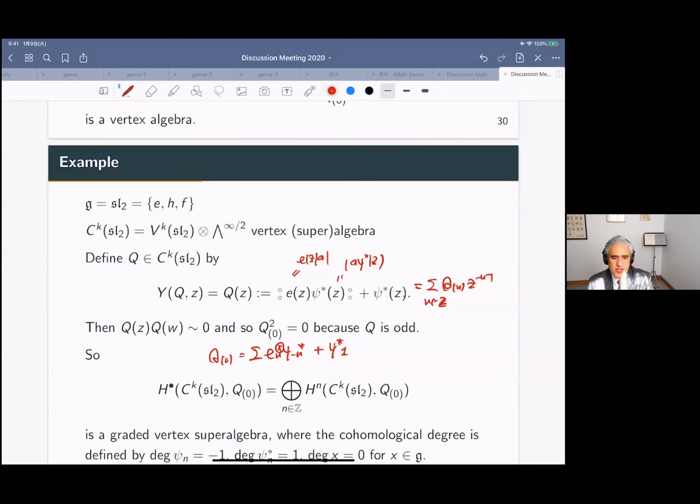And for general G, what is this Q0? So it's a differential for the Chevalley complex for the Lie algebra.